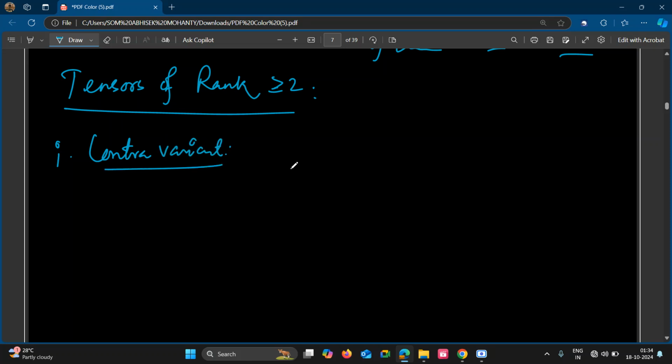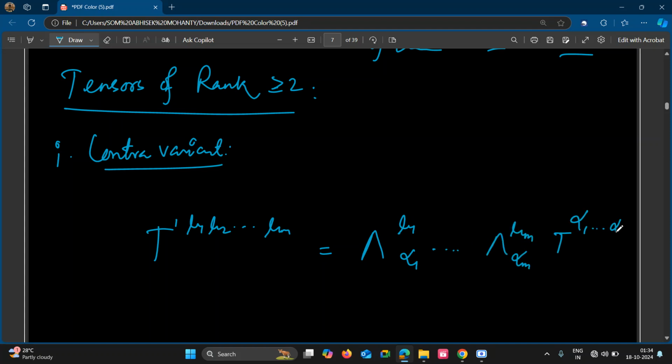The transformation will be t dash mu one, mu two, up to mu m, equal to lambda mu one alpha one, and it goes on, lambda mu m alpha m, t alpha one up to alpha m.